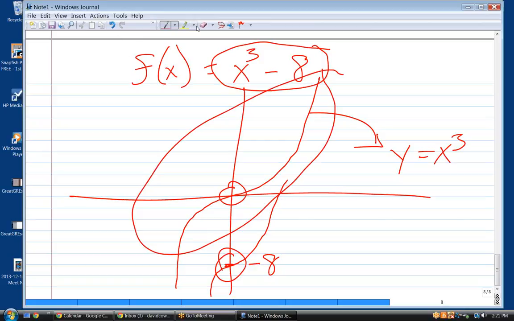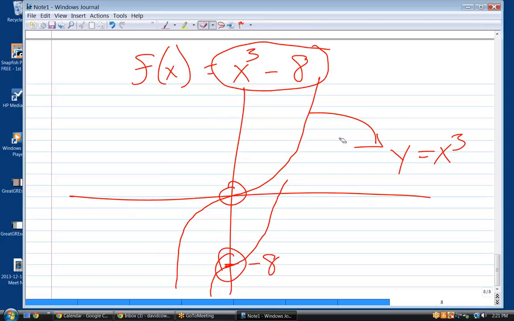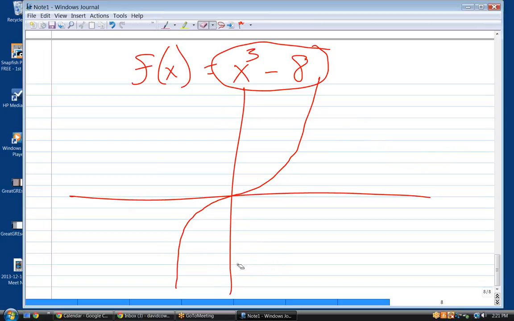So now let's examine whether it's one-to-one. For something to be one-to-one, I know I erased the proper curve, but it doesn't affect its one-to-oneness. I can look at y equal x cubed. It has to pass the horizontal and the vertical test. In other words, something is only a function if it passes the vertical test.